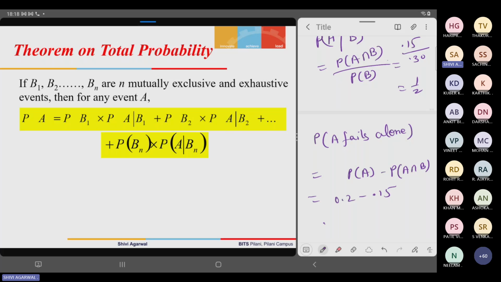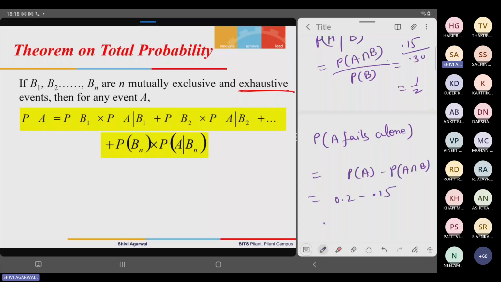And exhaustive events mean what? When we take the union of these, it will become the complete sample space. Yes, we have to remove that part of the yellow circle which is common with B.